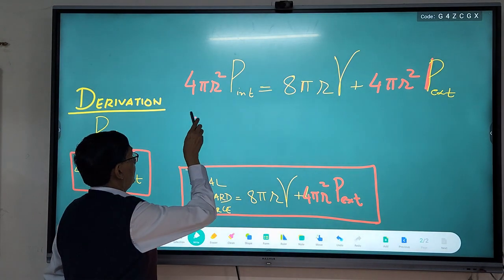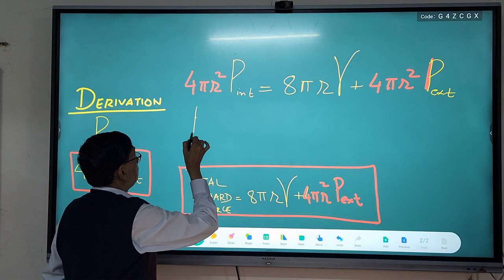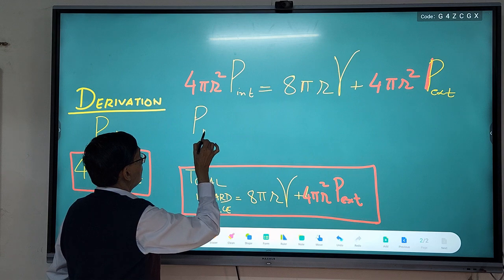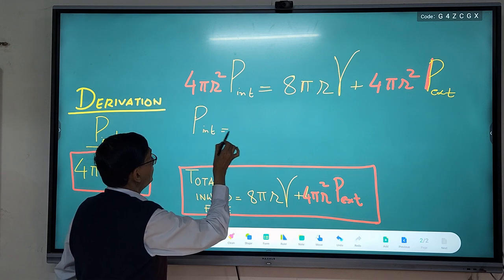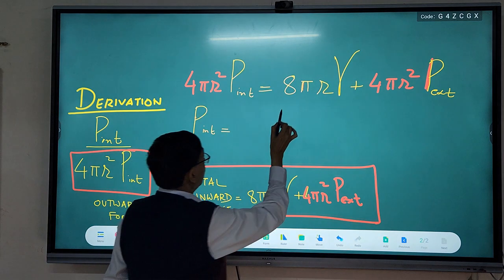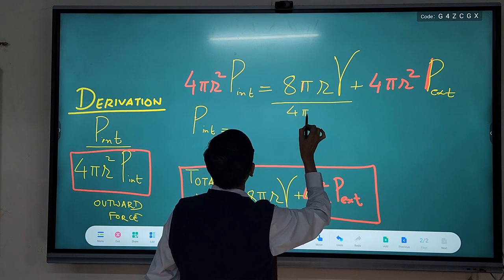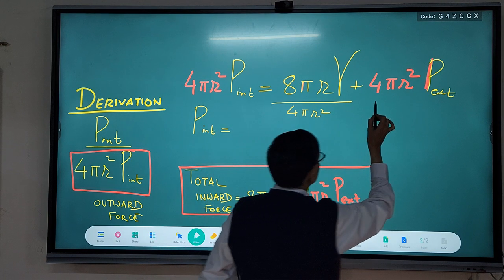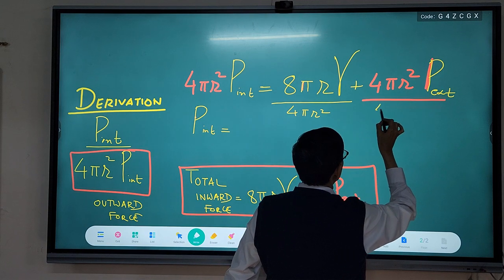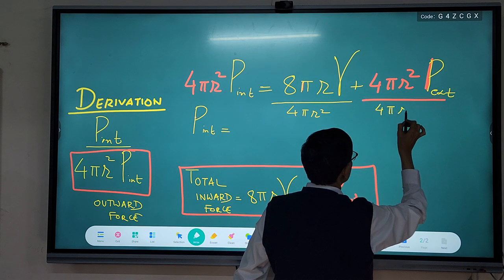So I can write like that: P internal is equal to, this is divided by 4 pi r square, this is divided by 4 pi r square.